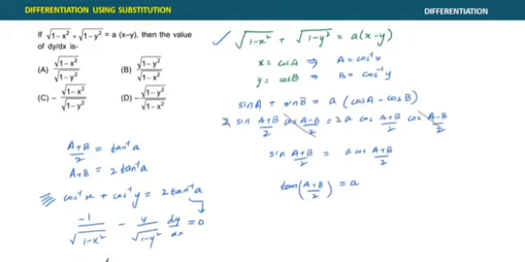Just put it to that particular side. Sorry, this y will not come here, but that's not a problem. So what you will get as the answer is under root 1 minus y square upon under root 1 minus x square. This is the answer we were looking for. That is the b part. So this is how we are going to solve these kinds of problems whenever they come.